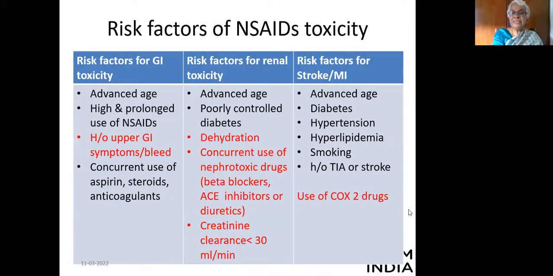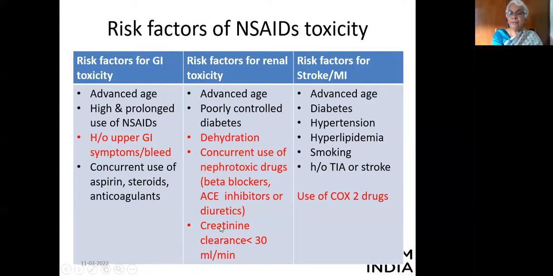So summing up the risk factors for NSAID toxicity, for GI toxicity, you have to be very careful in patients with advanced age, those with a history of upper GI bleed, and those with a history of acid peptic disease, and those who are on drugs like aspirin, steroids, and anticoagulants because of the risk of bleeding. For renal toxicity, we have to be very careful about the hydration of the patient, particularly when giving NSAIDs.